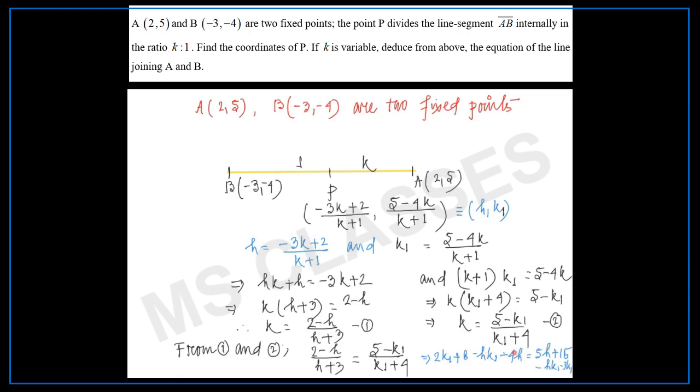So basically, if we take h and k1 on one side, we get 9h, because here we have -4h, here 5h. If we change the side, change of side means change of sign. So 9h - 5k1 + 7 equals 0.